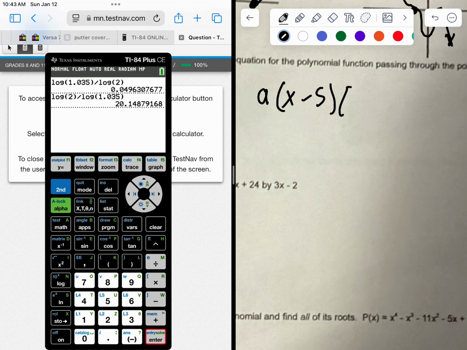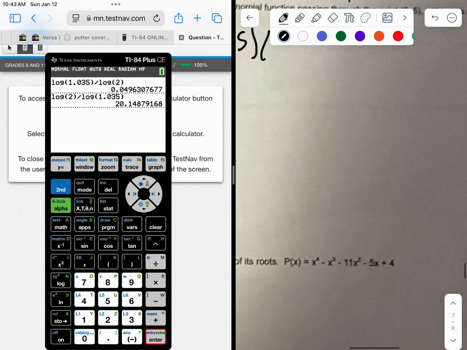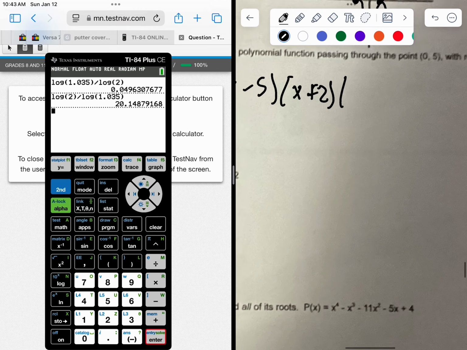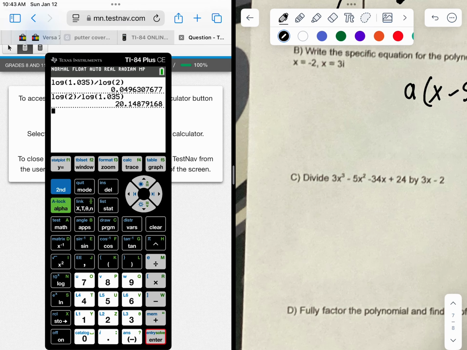Alright, we got x equals -2, so it's going to be x plus 2. And then we have x equals 3i, so remember complex roots come in pairs. So x plus 3i, and then x minus 3i.